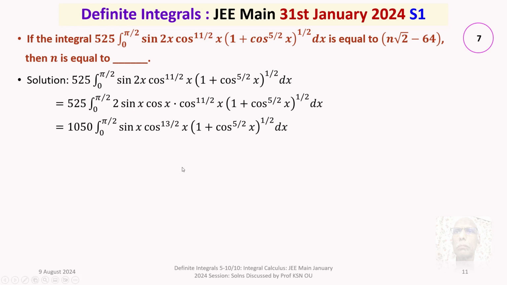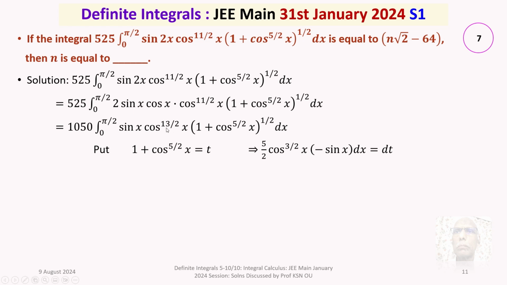Now we want to put 1 plus cos to the power of 5 by 2 x as some t. When you differentiate, you will get 5 by 2 multiplied by cos to the power of 3 by 2. So 1 plus cos to the power of 5 by 2 x is equal to t. That is 5 by 2 into cos to the power of 3 by 2 x into the derivative of cos x with respect to x, minus sin x, is equal to dt.